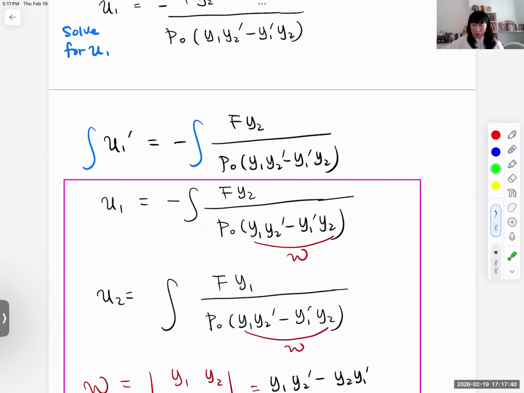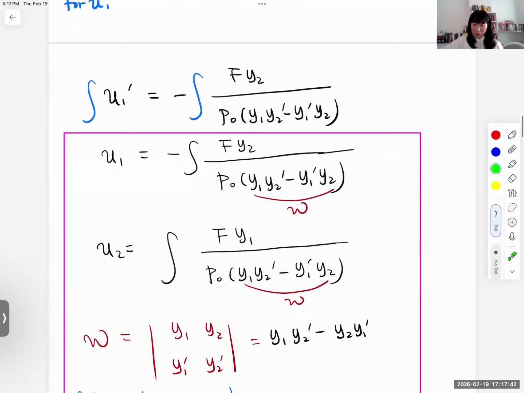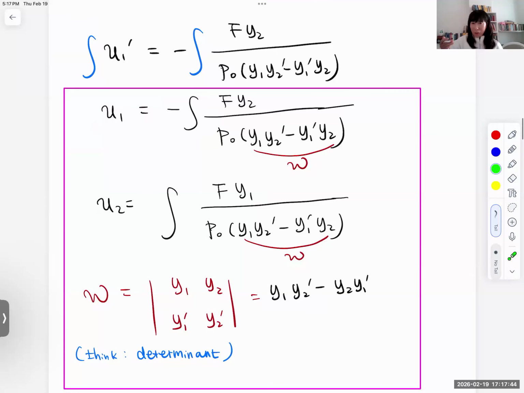Then, okay, whatever is inside the parentheses, we call omega. Yeah, we had omega earlier, right? Remember? What is called the Wronskian, right? The Wronskian method, omega. Okay, so it's a 2 by 2 determinant.